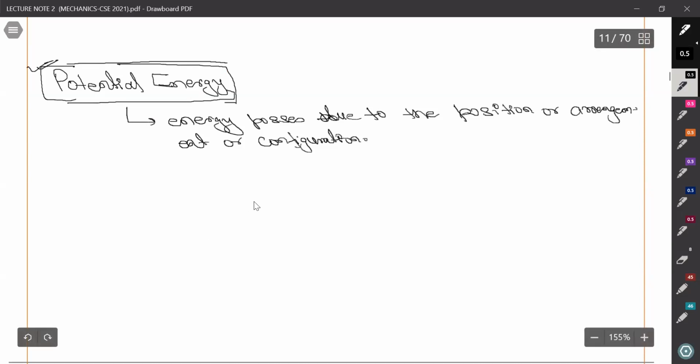So if the energy is dependent upon the position only, right? It's not dependent upon the path.